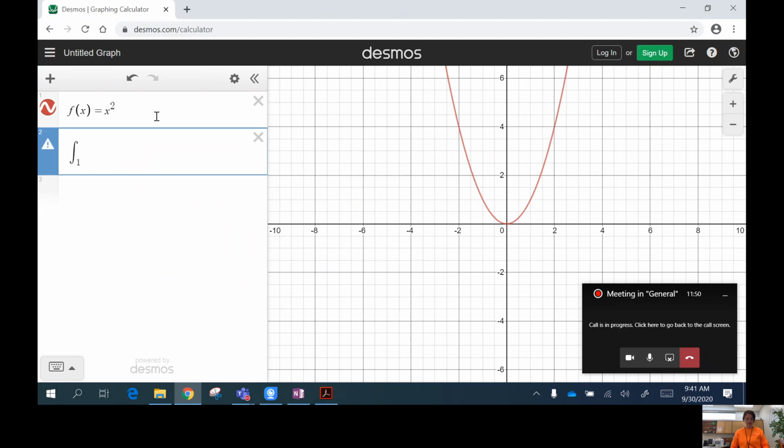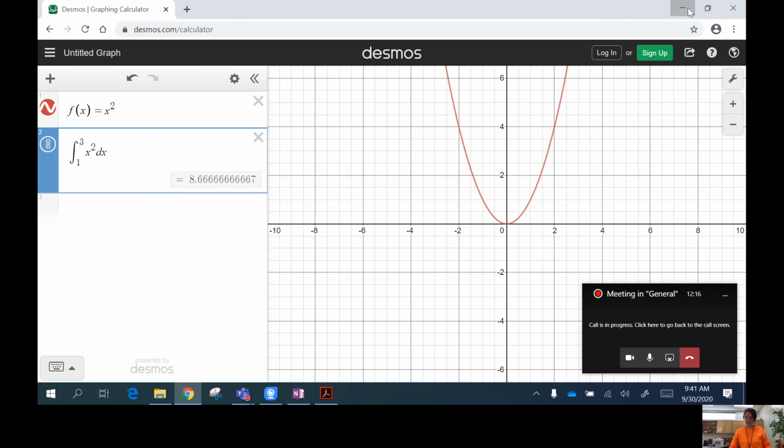And we're going to go from 1 to 3, and you can do f of x dx, and it'll just tell you what it is. And if you hit the little fraction button in the side here, it'll tell you as a fraction, or you can get it as a decimal. Okay, so you can check your answers this way, or obviously there's an answer key as well. You can also just type in the function instead of defining f of x first. It'll give you the same answer.